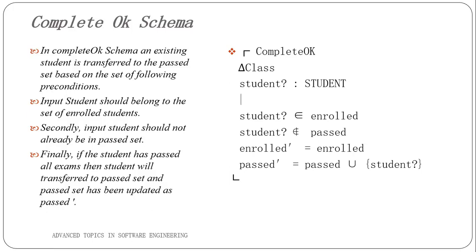Secondly, the input student should not already be in the pass set, because I am now dealing with the Complete OK schema, where I want to transfer a student to the pass set on the basis of these preconditions. Finally, if the student has passed all exams, then the student will be transferred to the pass set, and the pass set is updated as pass dash equals pass union student question mark. So this is all about the Complete OK schema.